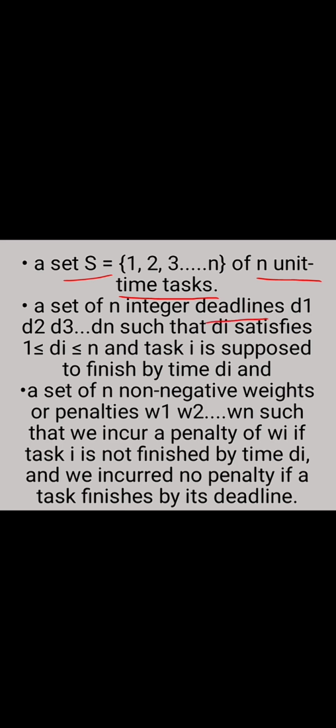We have deadlines also, and that satisfies d_i greater than or equal to 1 and less than or equal to n. Okay, so if the task is done by its deadline, then that will become our profit. But if the task is not done by its deadline, then that is incurred as a penalty.